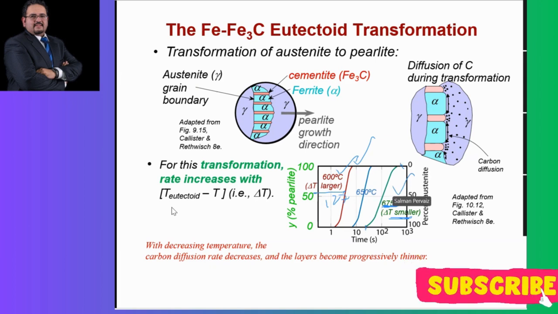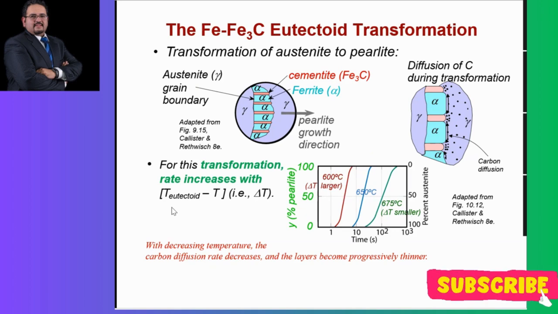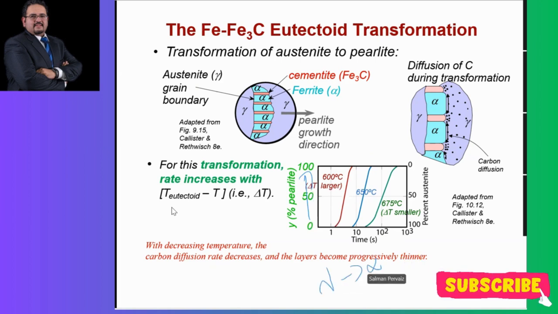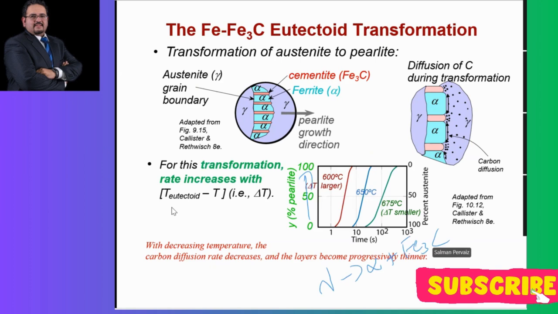Now, students, what's the influence of time on diffusion? Do you remember how the transformation happens through diffusion, right? I told you that gamma converts into alpha and this one. You remember these layers I told you, and that carbon atoms go from gamma, which has a lot of carbon, towards these smaller lines, which are basically cementite.